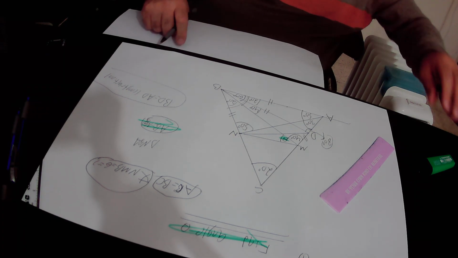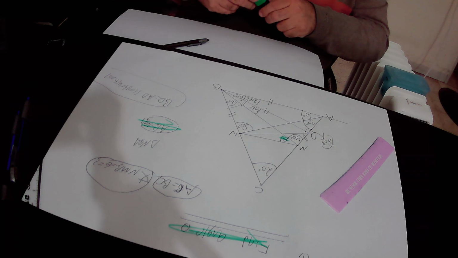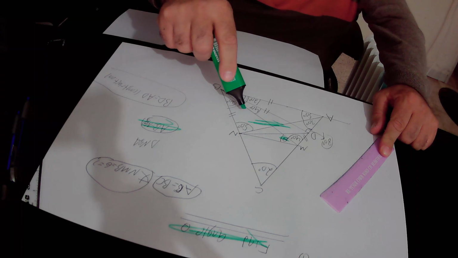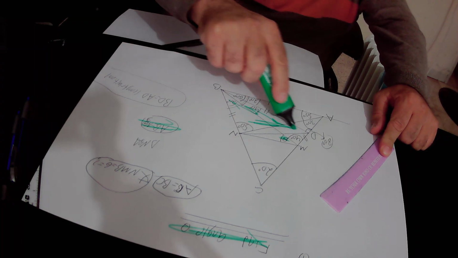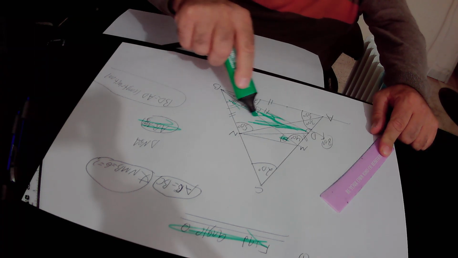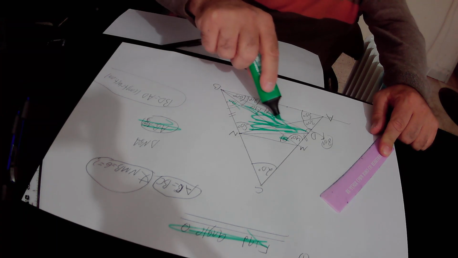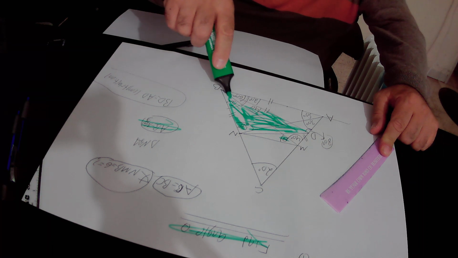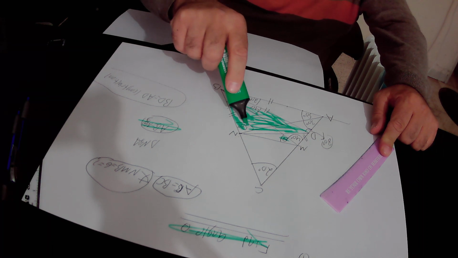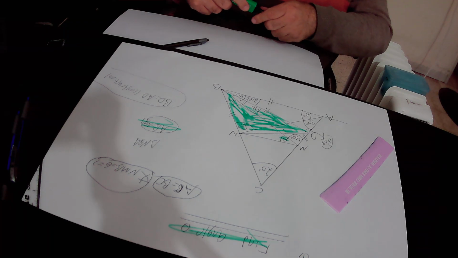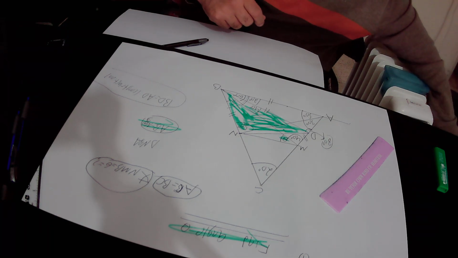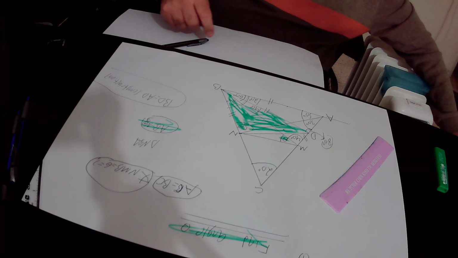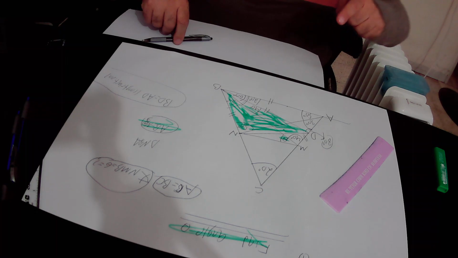And we'll focus on the triangle DNB. So I will copy triangle DNB in a page and we'll analyze the triangle DNB.